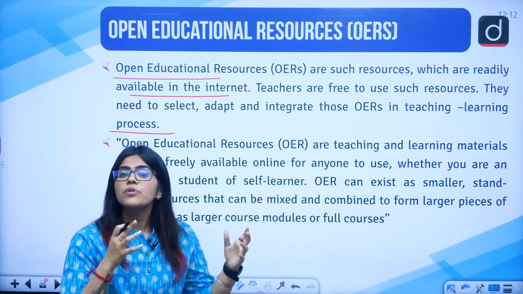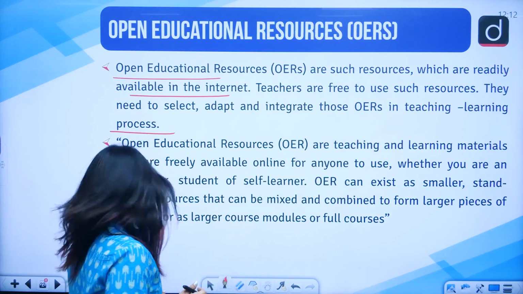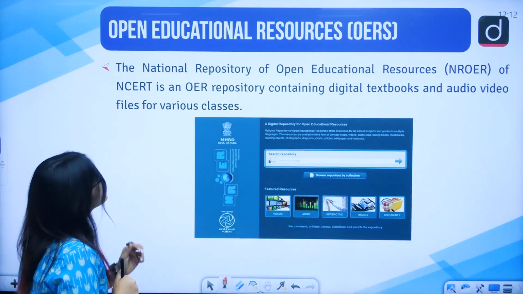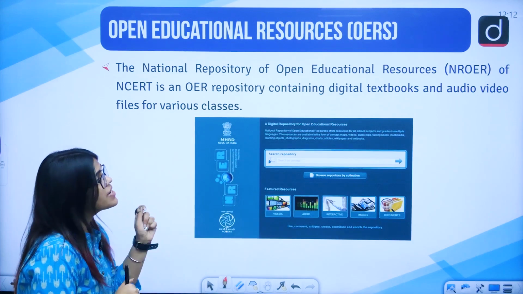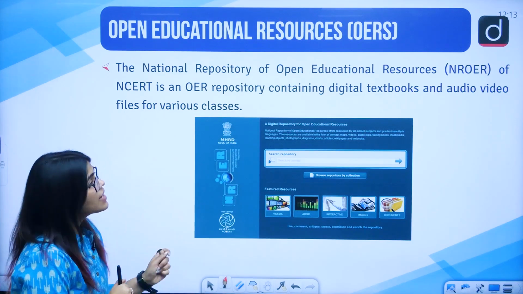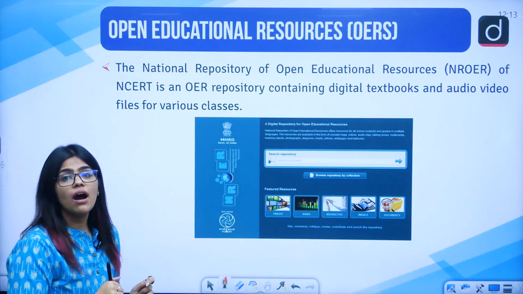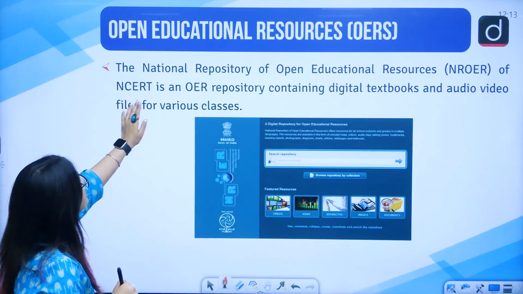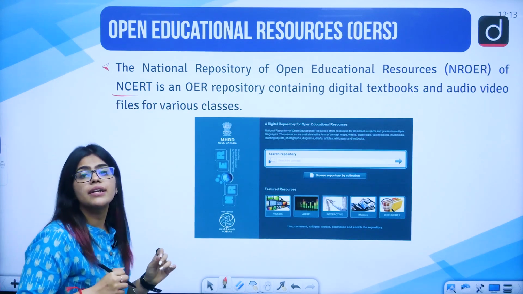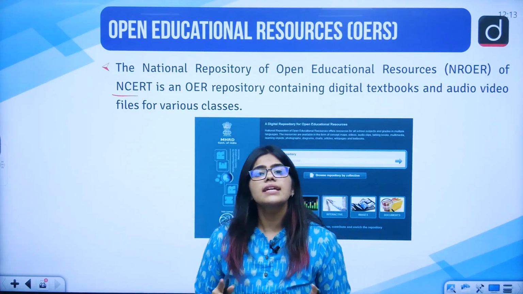These are the open resources that are made available. There will be some government sources. Let us discuss one example, the National Repository of Open Educational Resources, that is the NROER, which is one repository that is created by NCERT. So NCERT created this repository.